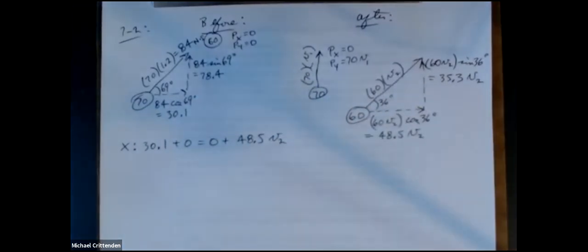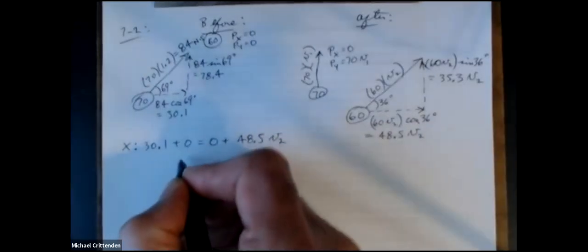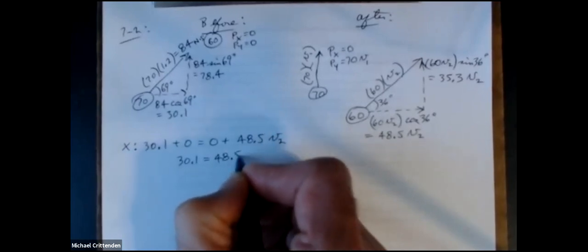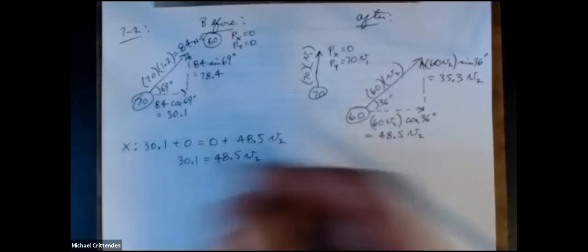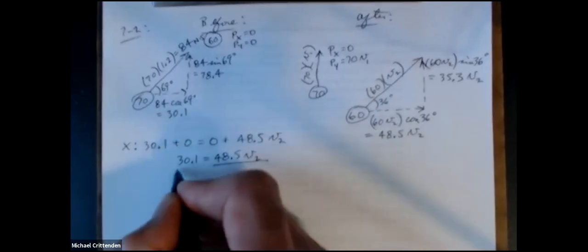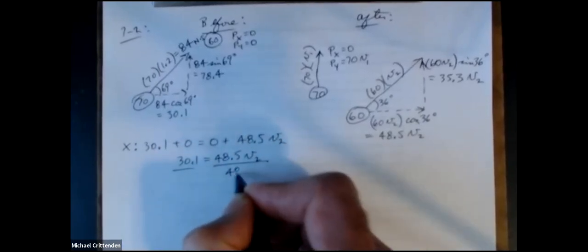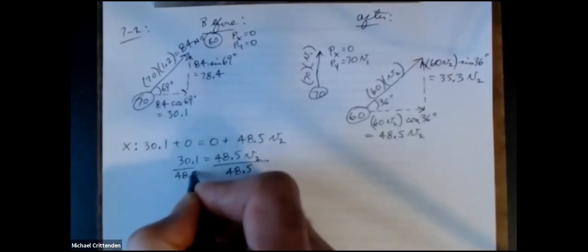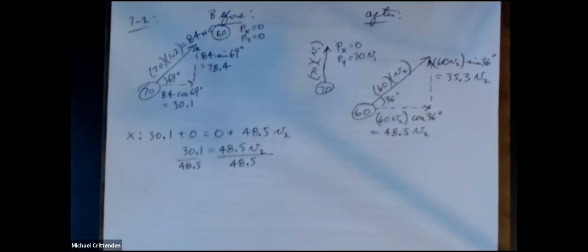Written next to it. So we've got 30.1 equals 48.5 V2 without all the zeros. And then to solve it for V2, divide both sides by the 48.5.